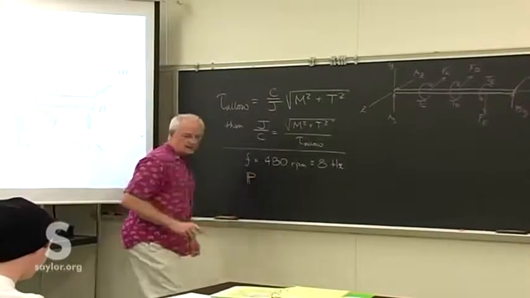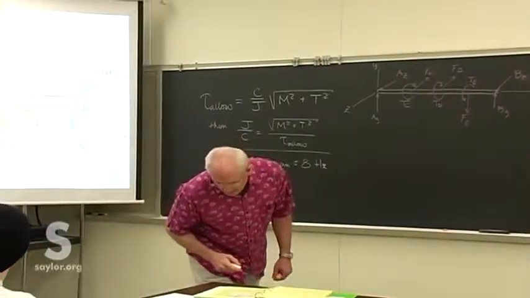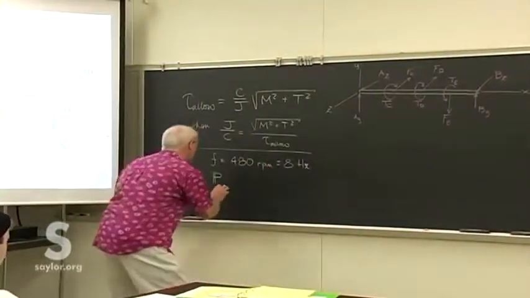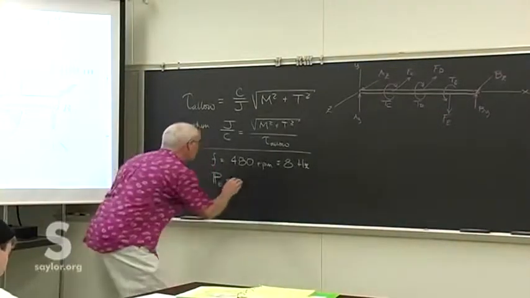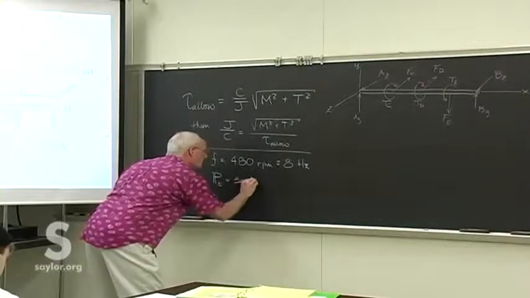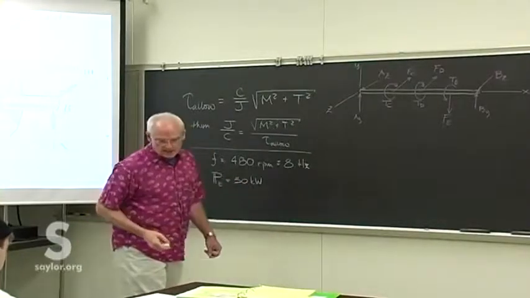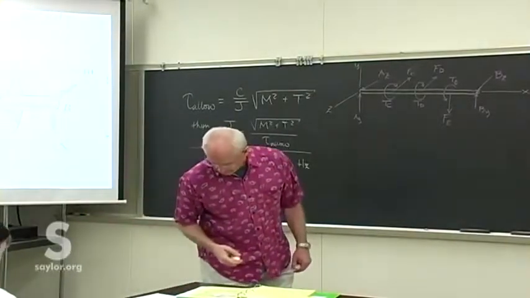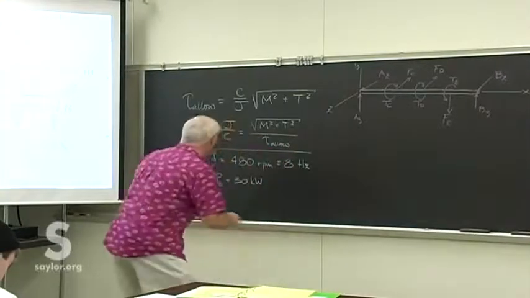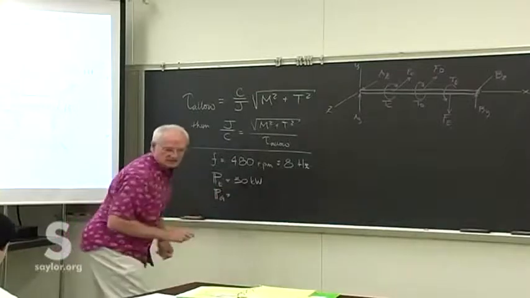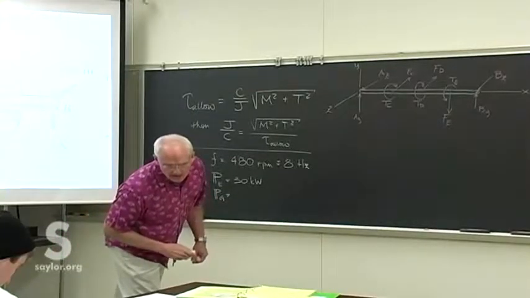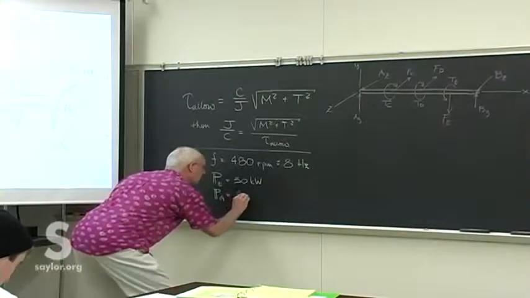So the power being applied at point E from the motor we'll take to be 30 kilowatts. Power takeoff at G is 20 kilowatts and at H 10.